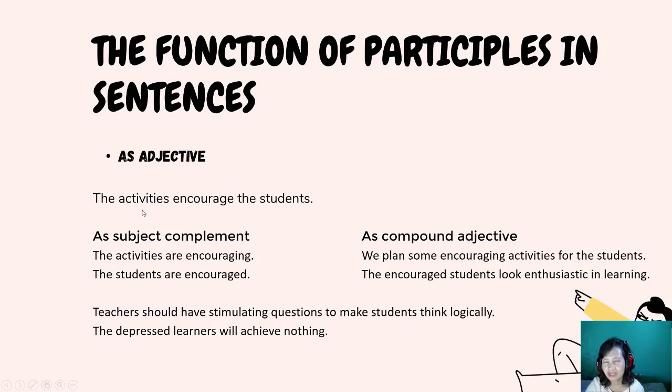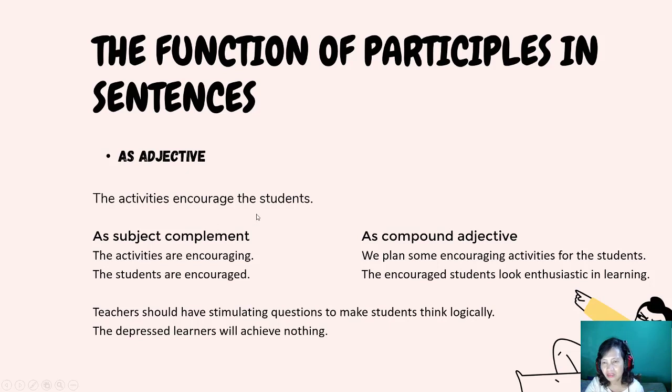So how is the characteristic, or how is the activities? The activities are encouraging. So the meaning is active. This is present participle as subject complement, because this is put after the to be and it explains the activities.